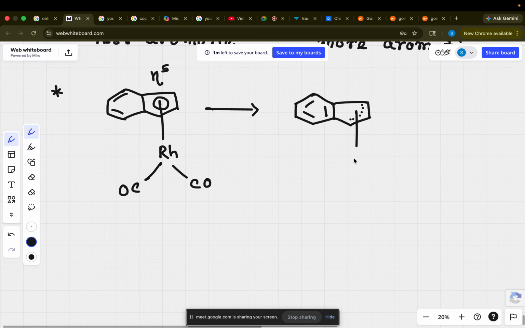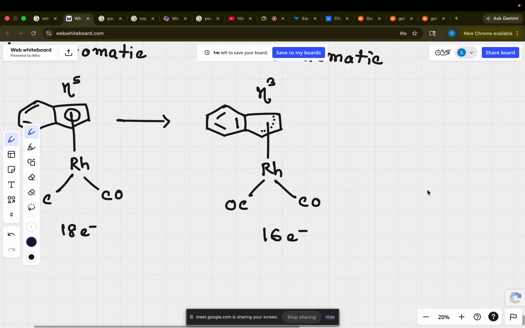So here you have rhodium and these two carbonyls. Initially you have 18 electrons here. Now it rearranges to the eta 3 configuration, and now it will occupy how many electrons? 16 electrons.